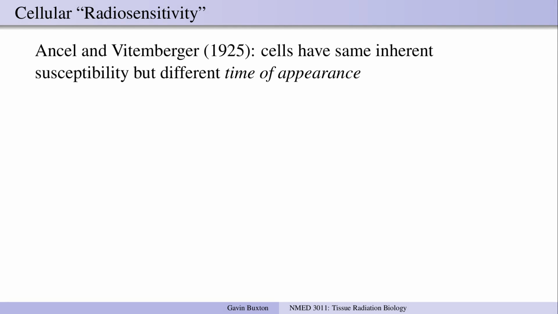So in 1925, Ancel and Vitemberger modified this hypothesis by proposing that the inherent susceptibility of any cell is the same. So it's not the cell being damaged which is different, but the time of the appearance of the radiation-induced damage that is different among the different cells.